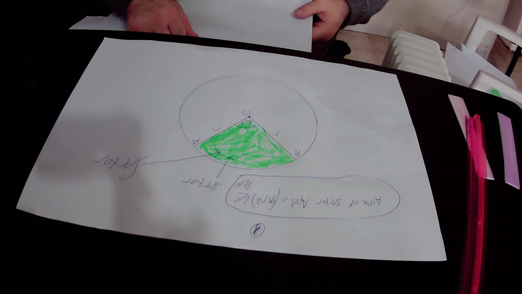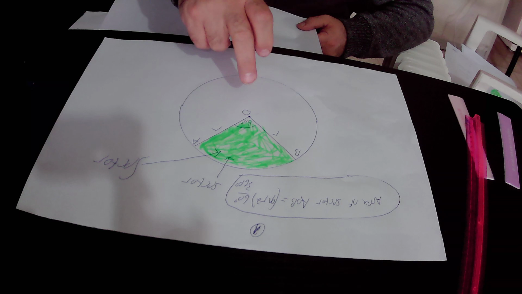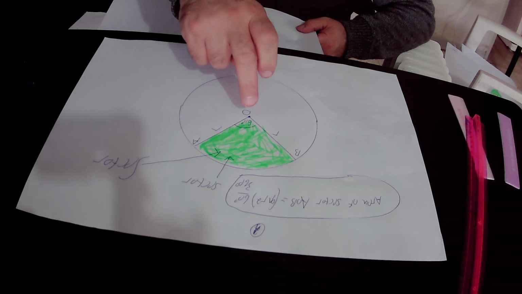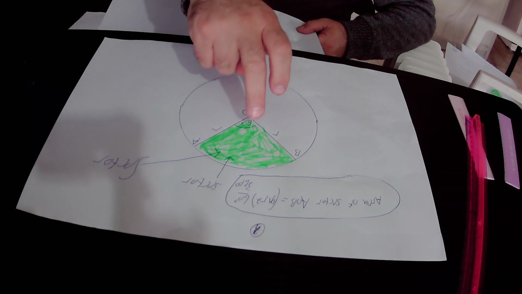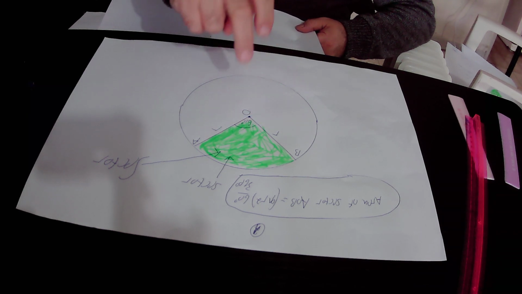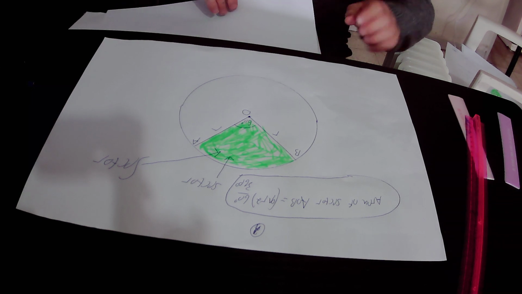Again, pi r squared times 60 degrees over 360 degrees is equal to the area of this green sector, sector AOB. Okay. Then I explained what a segment is.